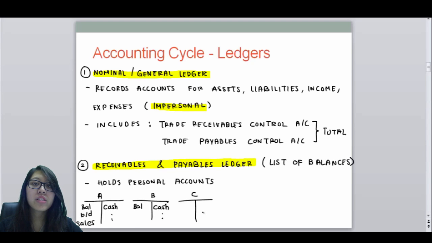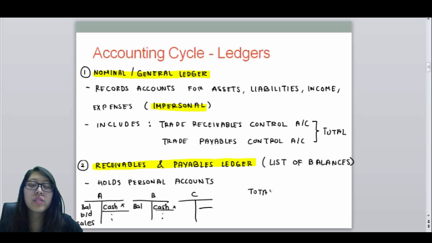So let's say customer A has paid me a certain amount of cash, customer B has paid me a certain amount of cash, and so has customer C. Let's say $100, then $200, and then another $100. So in total I should be getting $400 in cash from my 3 trade receivables.